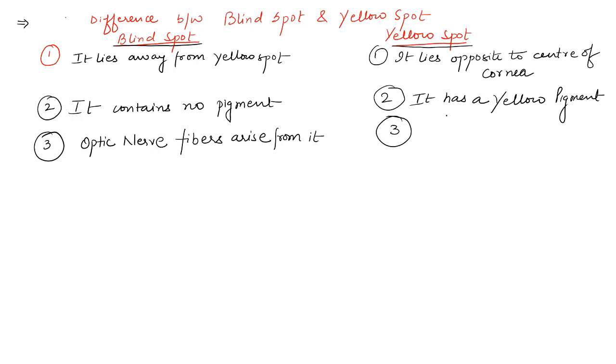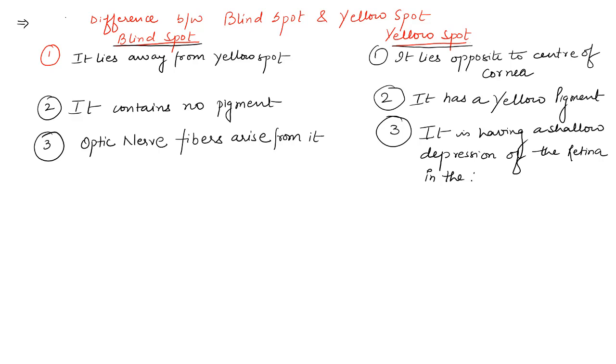Yellow spot is having a shallow depression of the retina in the middle, known as fovea centralis.